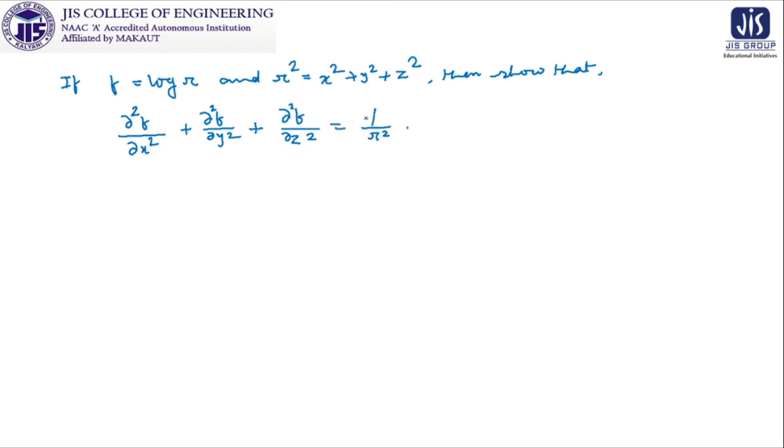I am not going to solve this problem, I just want to give you the clue only. Your job is to find first del f del x, del f del y, del f del z, then del 2f del x2, del 2f del y2, del 2f del z2.